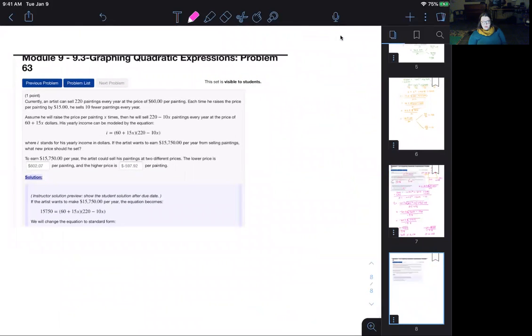Each time he raises the price per painting by $15, he sells 10 fewer paintings. So assume that he will raise the price per painting X times, and then that will give you 220 minus 10X, because that's the number of paintings.